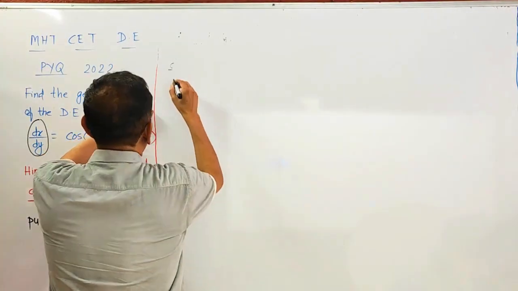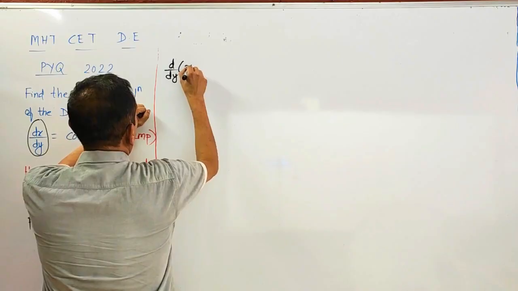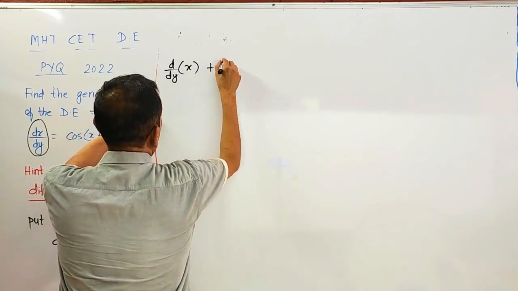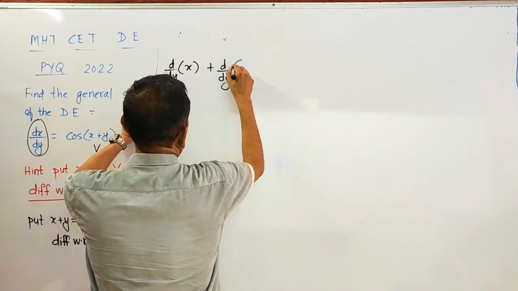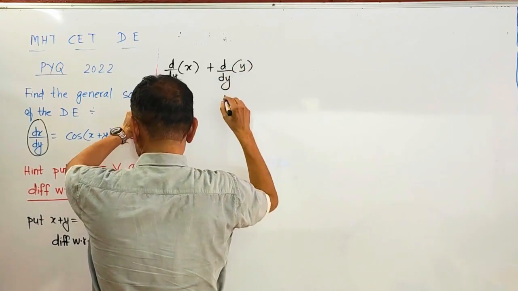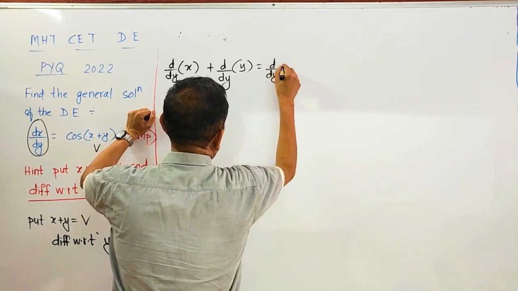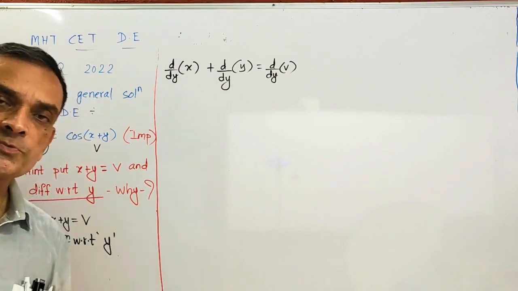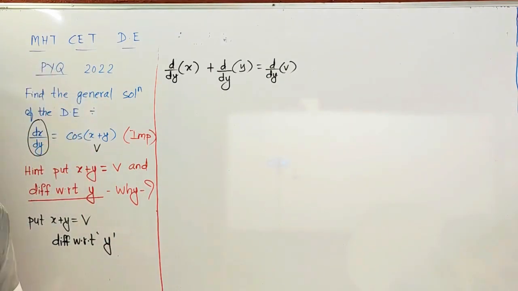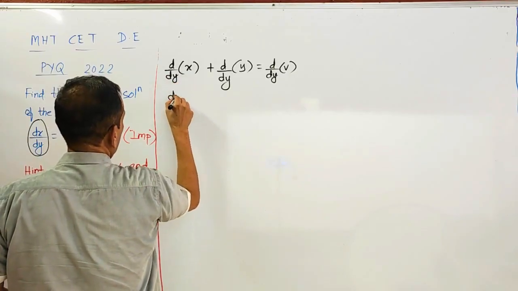Everywhere d by dy means differentiate with respect to y, rarely used. d by dy of x is dx by dy.